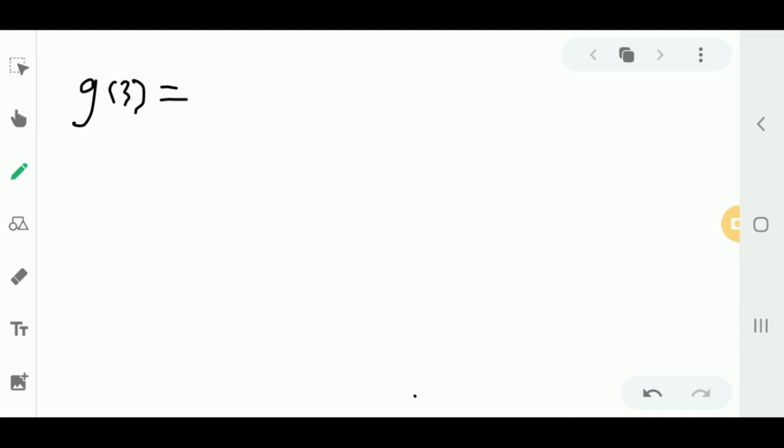Now, when you see something like g of 3, what that means is anywhere you see x, you're substituting it for 3. So that means we have 2 times 3 raised to the 4 minus 3 times 3 squared plus 1.